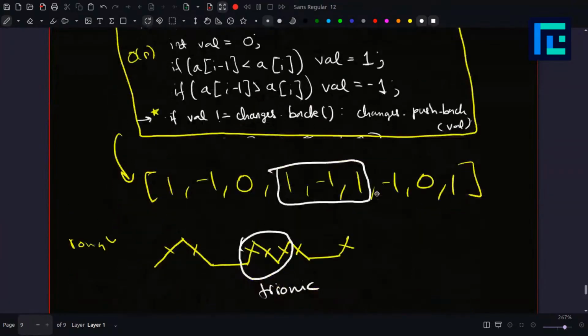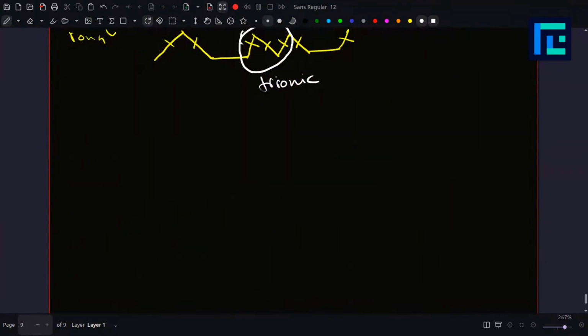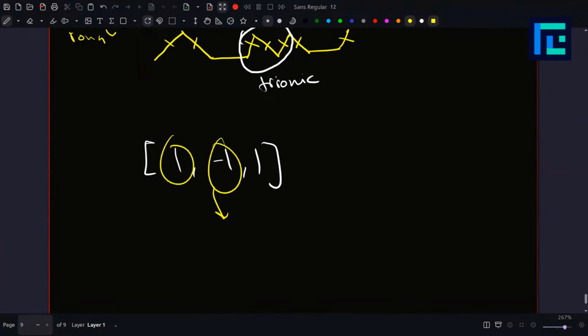Now, when we have this array of changes, let's say we have a position where we find a 1, minus 1, plus 1. Then the array can have any number of elements for the minus 1, any number for the 1, and any number for this last one too.